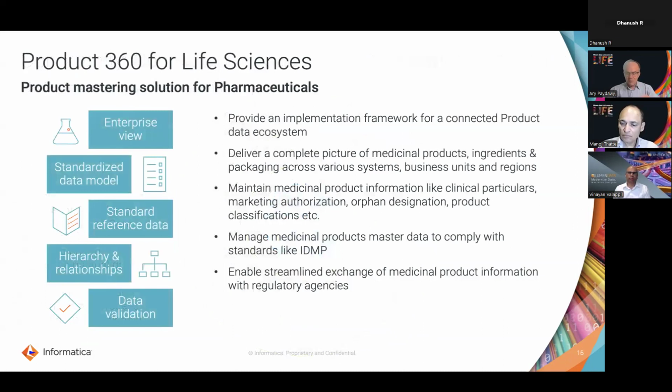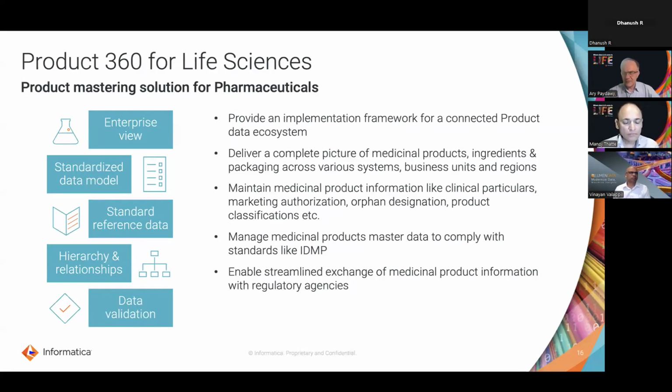So what we've done at Informatica is that we took our best of breed SaaS solution, MDM SaaS, and built what is called a package solution for IDMP. We provide the implementation framework for this product data ecosystem. It gives you a complete picture of what a medicinal product is, whether you're looking at the ingredients, the substances, or even the SPOR around it, pharmaceuticals, and so forth.